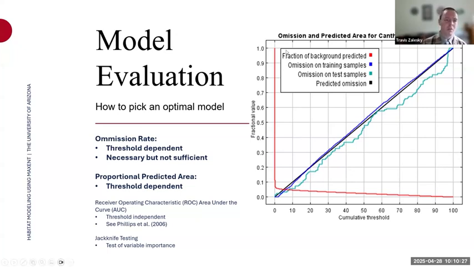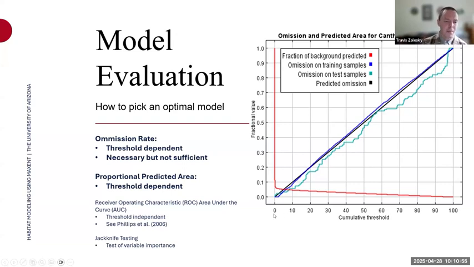And there is the proportional predicted area, shown here in red, which is the fraction of the study area above a given threshold divided by the total study area. High omission rates and low proportional predicted area are necessary for a well-trained model, but they are not sufficient to prove model fitness.